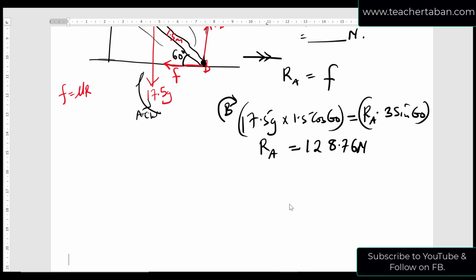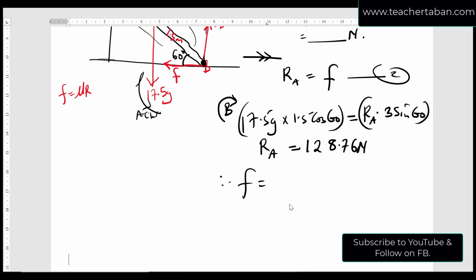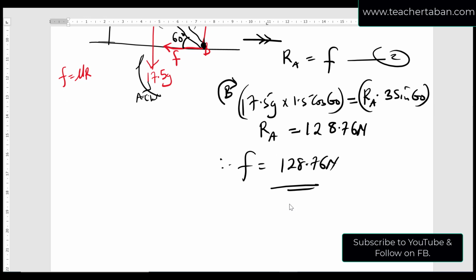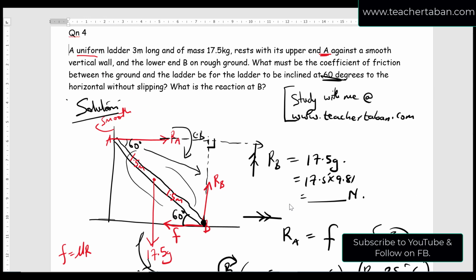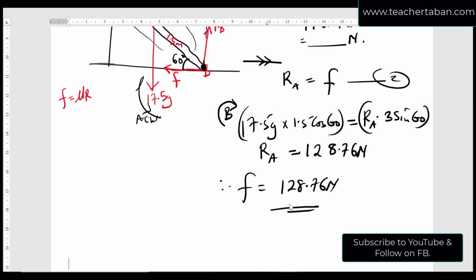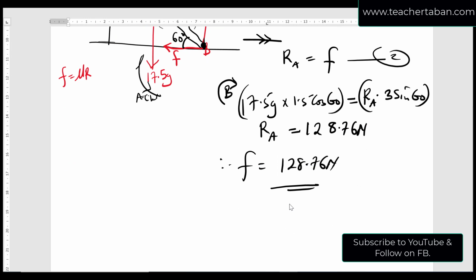So implying therefore that our frictional force, from this equation here, is the same as 128.76 newtons. Now the question wanted us to get the reaction at B. So the reaction at B, we say that it is a resultant of the frictional force and the RB.